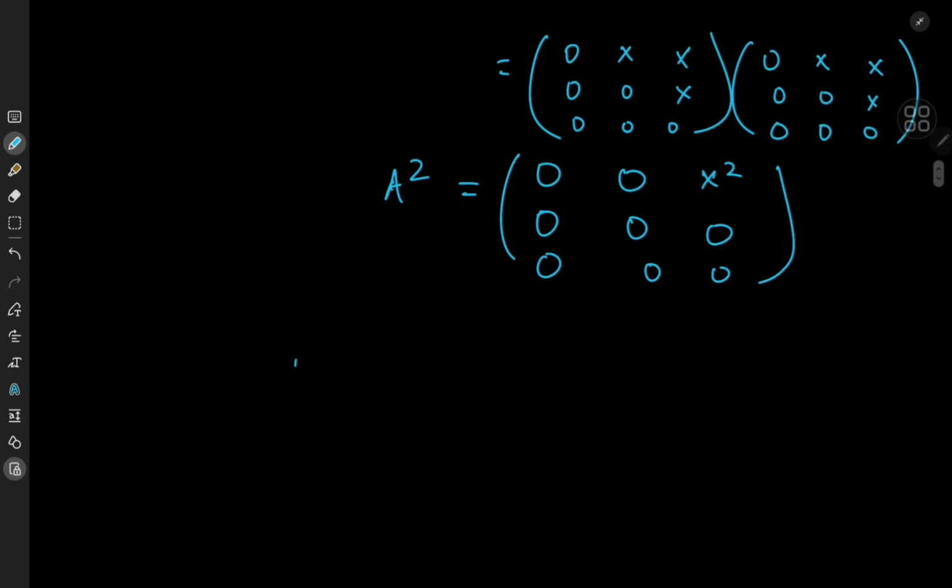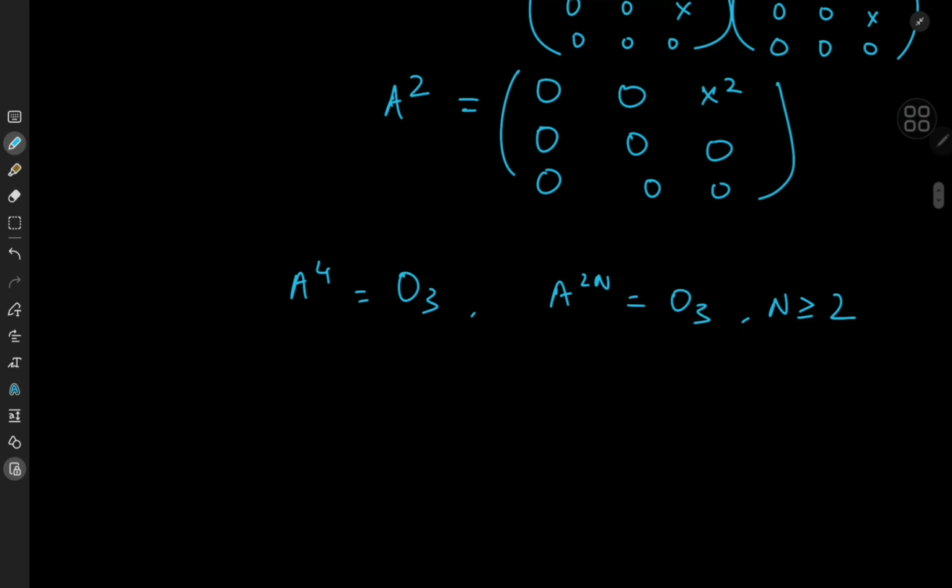Now, what about A to the 4th power? Well, multiplying A squared with itself, it's easy to verify that this thing is the 0 matrix of order 3. So that means A to the 2n equals the 0 matrix for n greater than or equal to 2. Okay, cool.